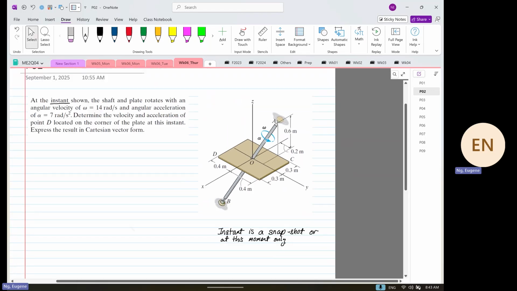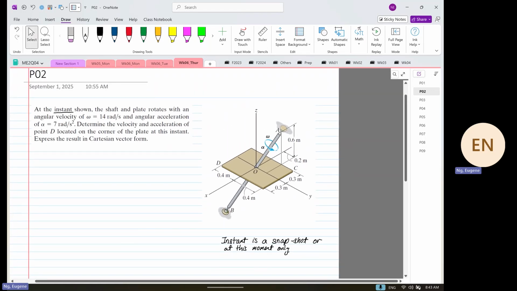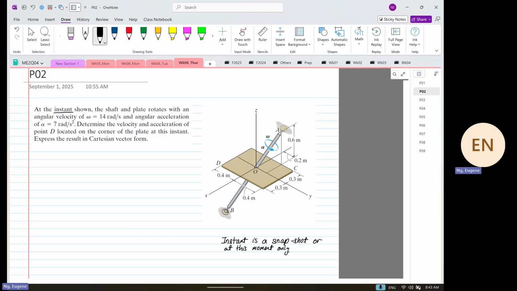So we're going to analyze this structure at this moment. The shaft and plate rotates with an angular velocity of omega 14 radians per second, and the angular acceleration alpha is equal to 7 radians per second squared. Determine the velocity and acceleration at point D.